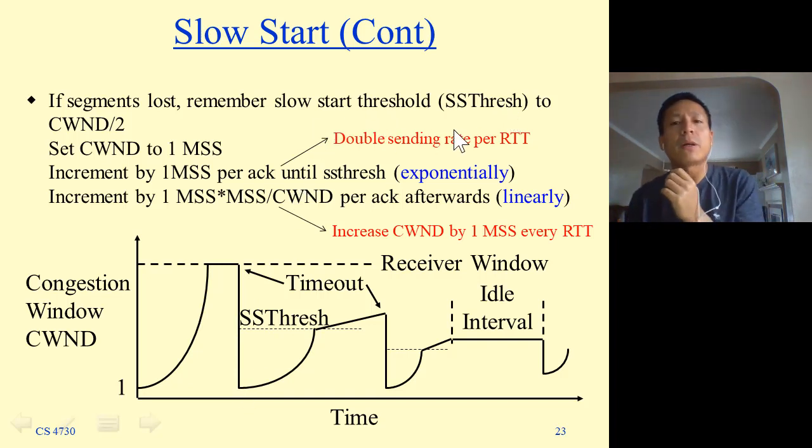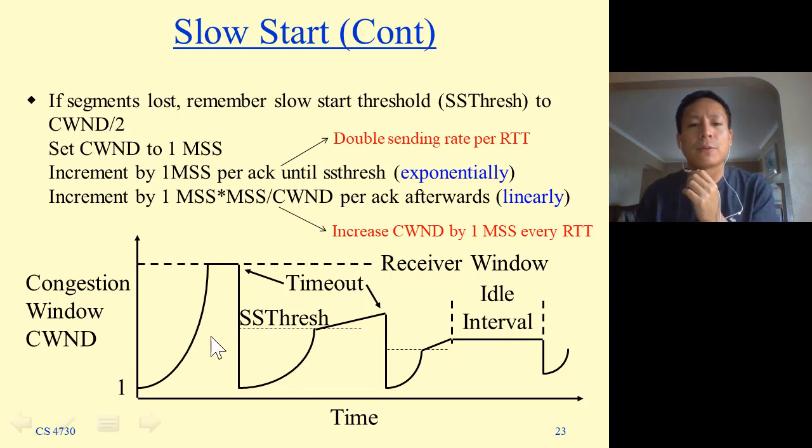So there's a new terminology called slow start threshold. The slow start threshold is essentially equal to half of the congestion window size when the congestion happens, or when the packet loss or timeout happens. So you can see, first you reduce the congestion window size to 1, and you are setting a slow start threshold.